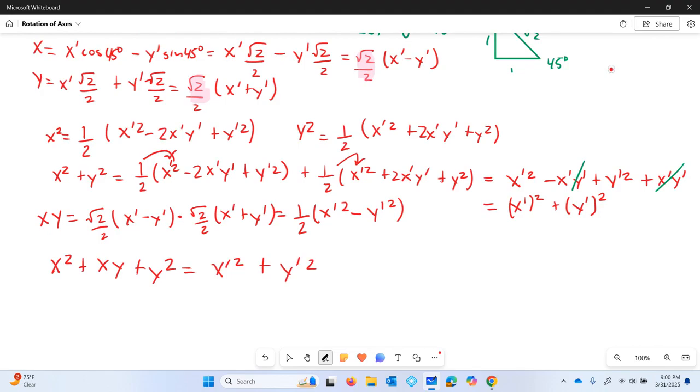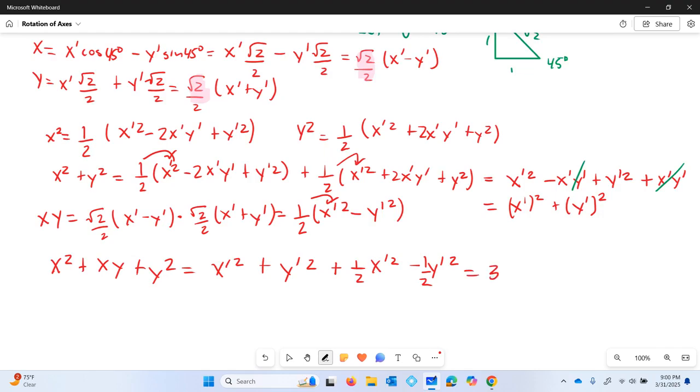But notice this, distribute this, and here's what we're going to have: plus 1/2 x prime squared minus 1/2 y prime squared.